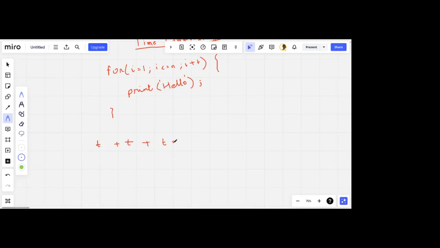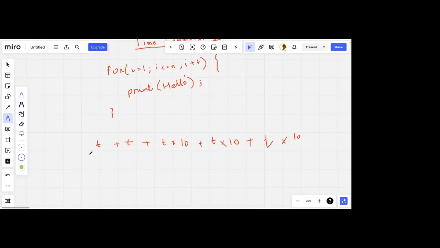So this will take n into t amount of time. Let's say we are running it 10 times for now. So it will take t into 10 amount of time, right? And then this increment will also happen 10 times. So this will also take t into 10 amount of time. And this comparison will also happen 10 times, right? So this will also take t into 10 amount of time.